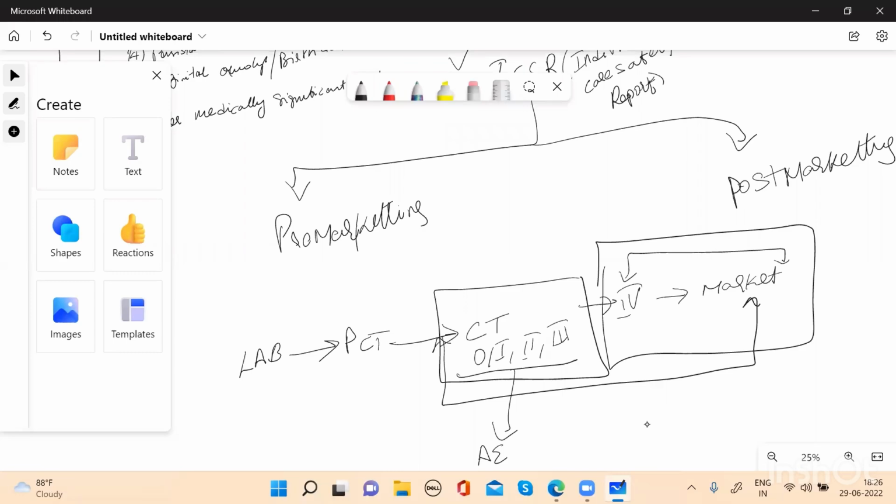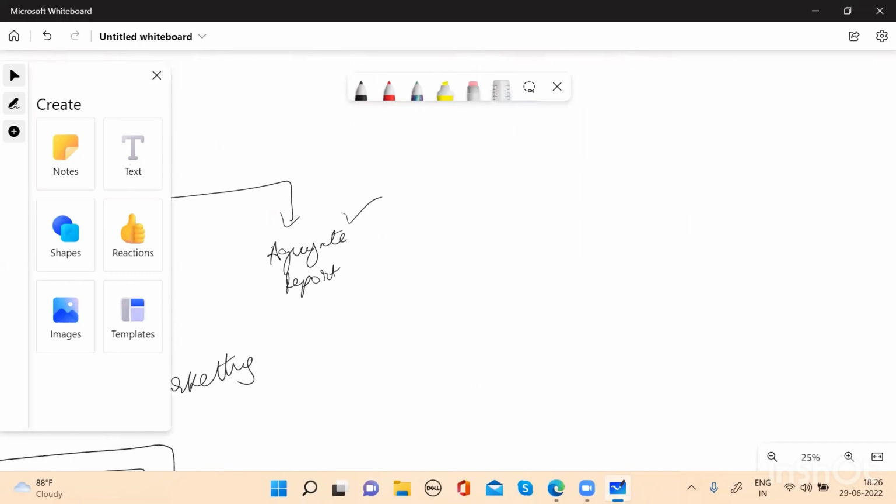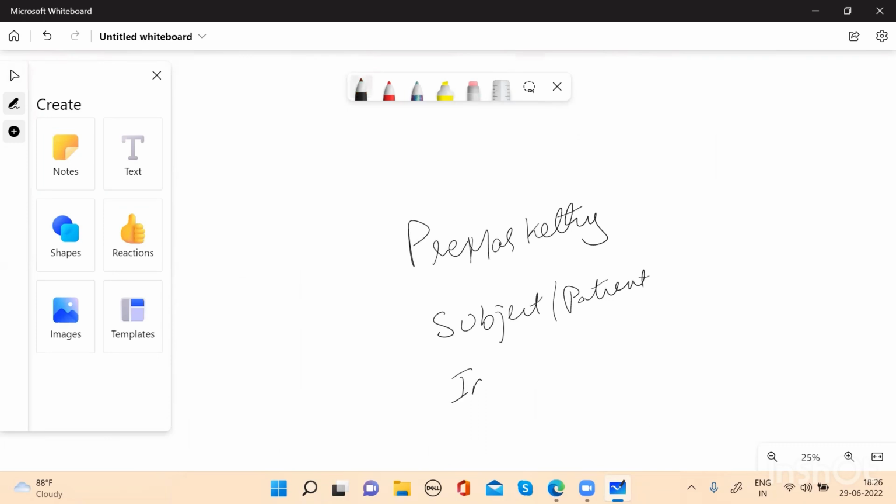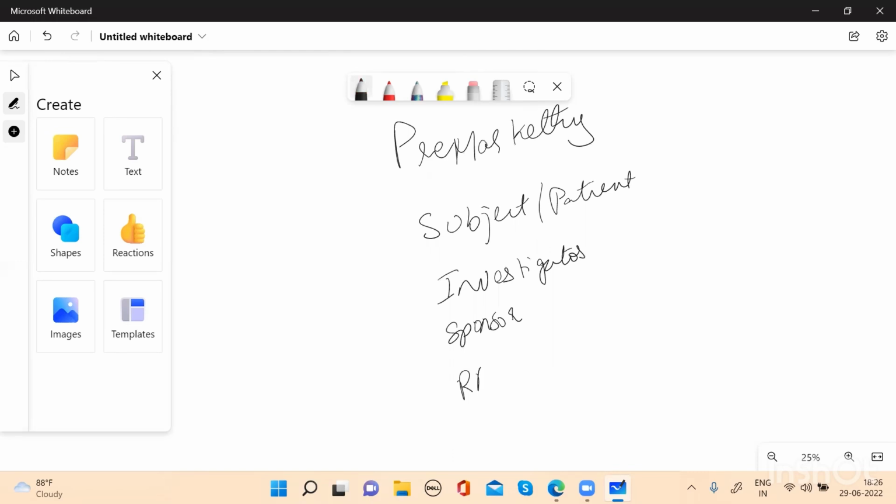Now we need to classify pre-marketing and post-marketing. Taking pre-marketing first, the individuals available here are the subject or patient, the investigator, the sponsor, and the regulatory body.